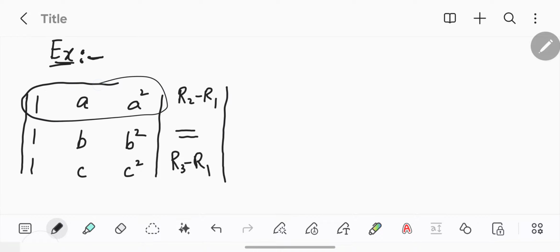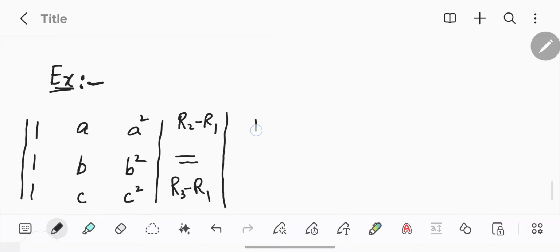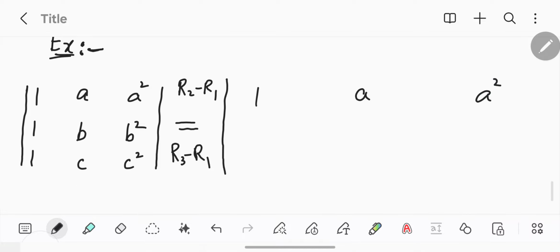The first row will remain the same because I don't want to perform any row operation on it. So R1, a and a square remain the same. Since I have to perform R2 minus R1, I will write 1 minus 1 here, b minus a here, and b square minus a square here.